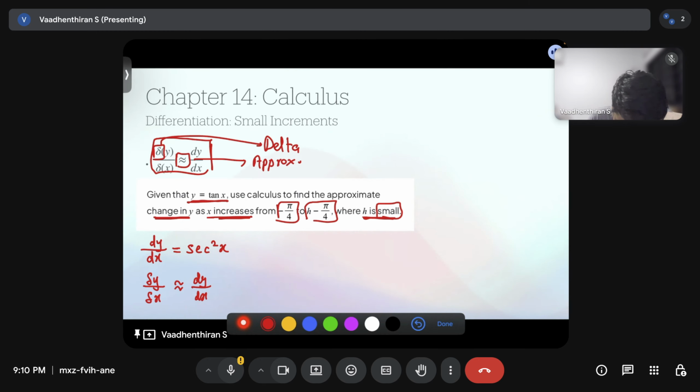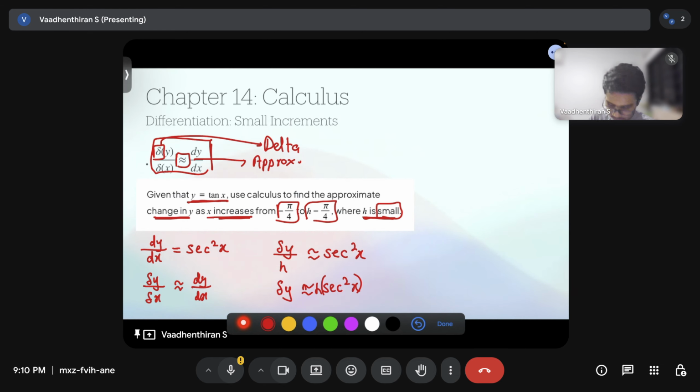So the small change in y over h is approximately secant squared x, so the small change in y is approximately secant squared x times h. So that's your answer here. It's a small question; these questions will come up like this, for two to three marks.